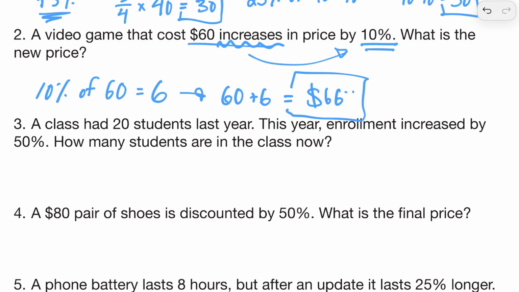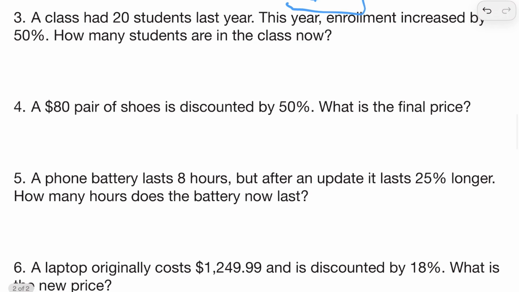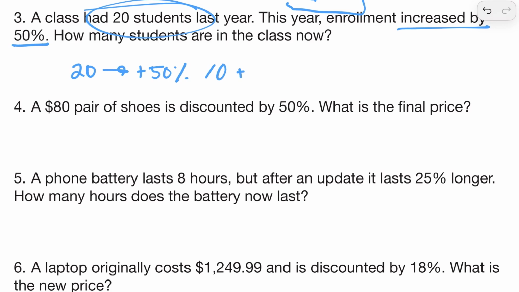Number 3, a class had 20 students last year. This year, enrollment increased by 50%. How many students are in the class now? Check this out. We started with 20 and went up by 50%. So what that means is half of 20, which is 10, got added to the class. So now we have a class size of 30 students.